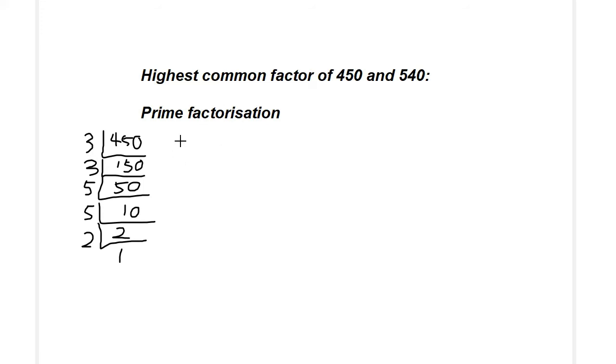After this, we can write 450 equals 3 to the power of 2 times 5 to the power of 2 times 2.